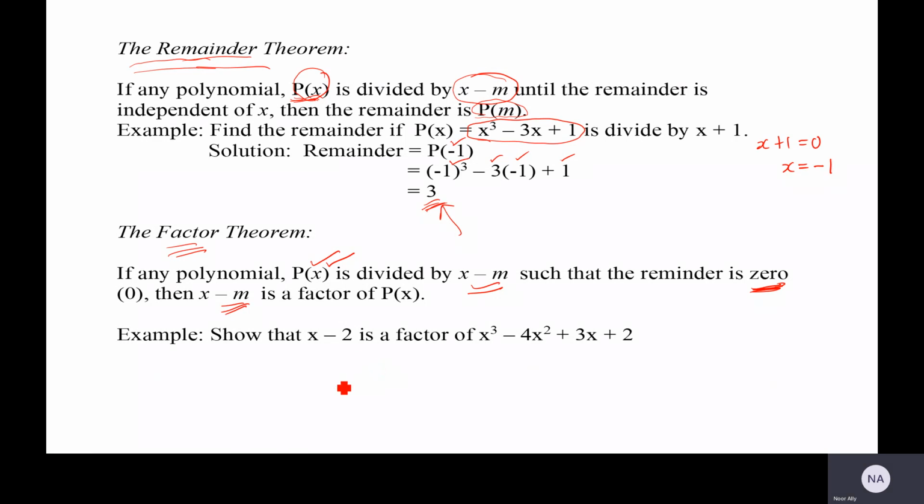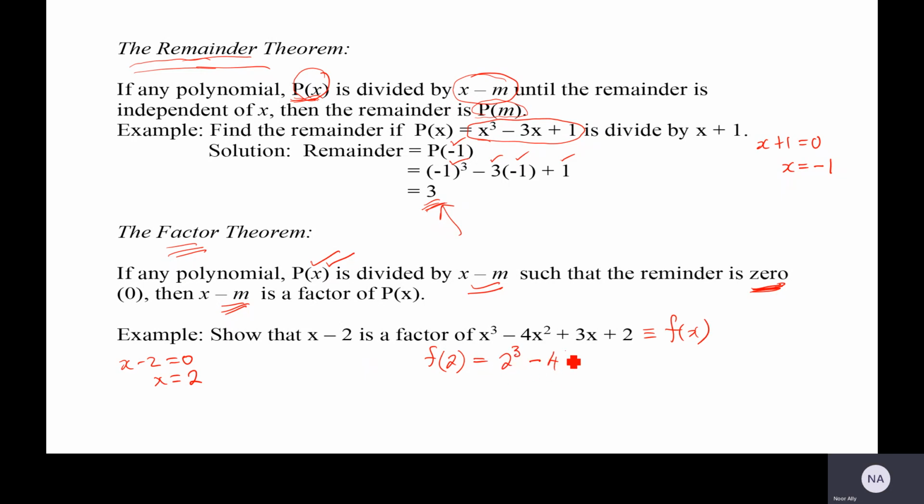So let's take this example. My divisor is x minus 2. What makes that 0? 2. I substitute. Now I've just introduced f of x, so I'm going to make this here f of x, and wherever I see x, I replace that by 2.